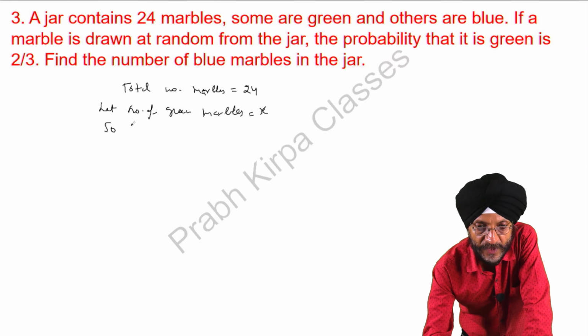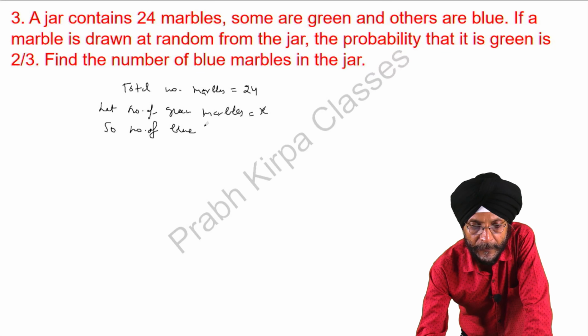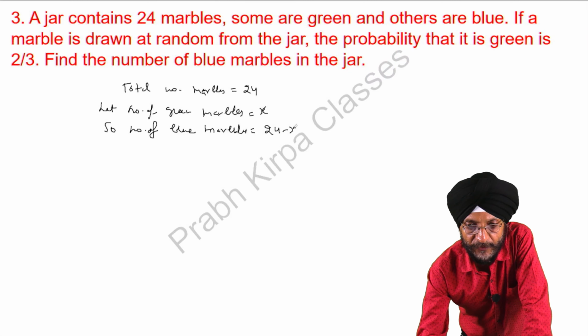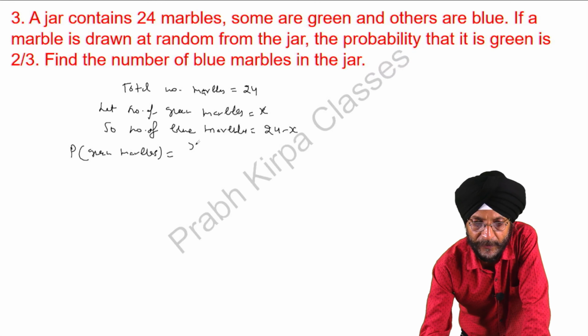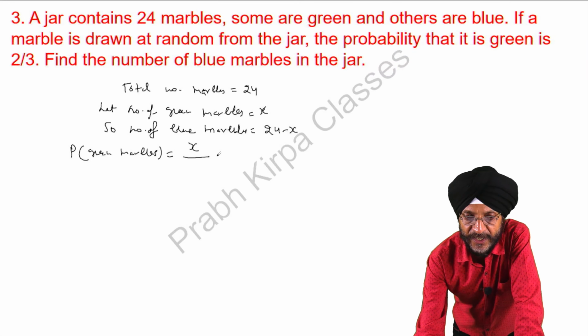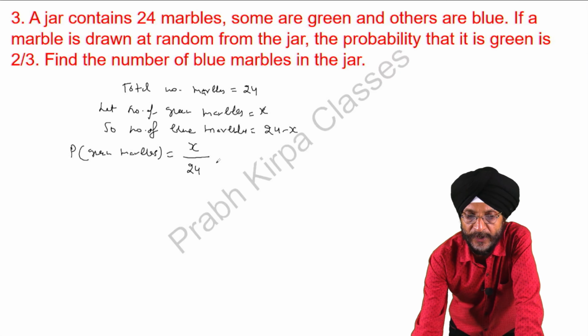So the number of blue marbles is 24 minus x. So the probability of green marbles is now equal to the number of favorable outcomes. Number of favorable outcomes means the number of green marbles. It is to be divided by the total number of possible outcomes or the total number of marbles.